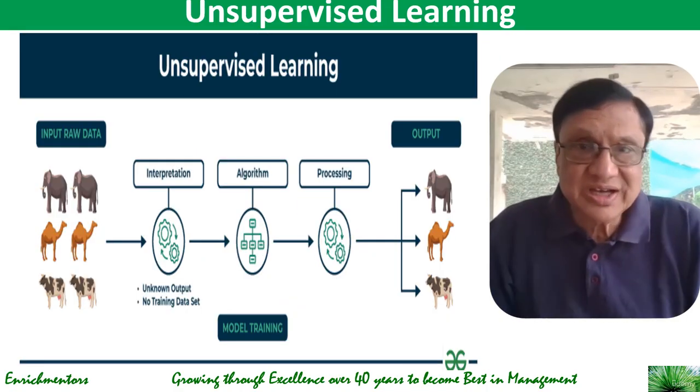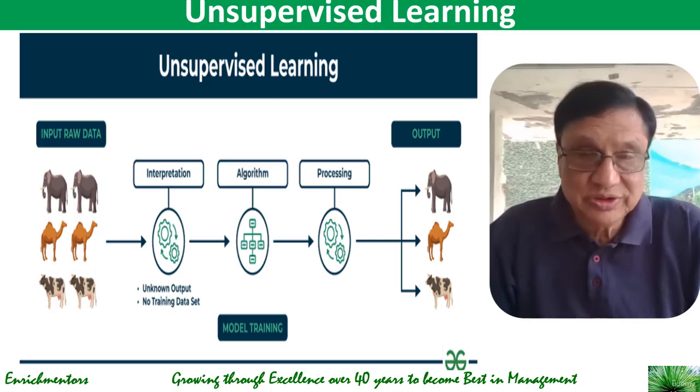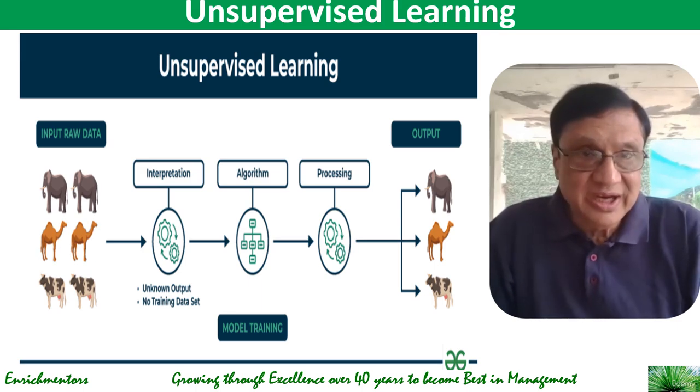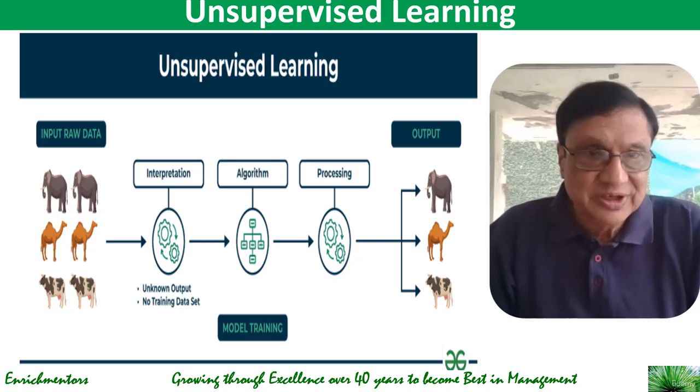The second thing is unsupervised learning. In unsupervised learning, the data set consists of input data without corresponding labels or target values. So there is no output that is given in this unsupervised learning model. And here the goal is to find patterns, structures, or relationships within the data without explicit guidance from labeled examples. Now, what are the examples of unsupervised learning?